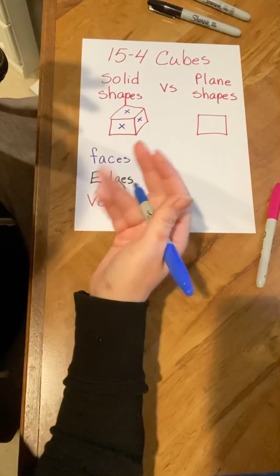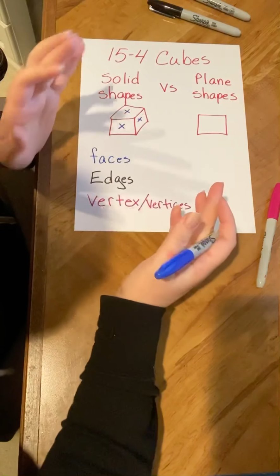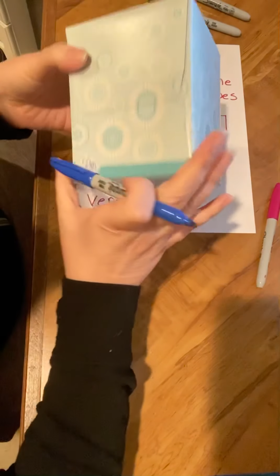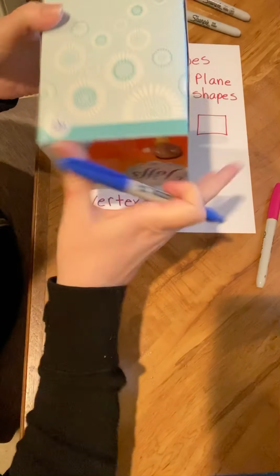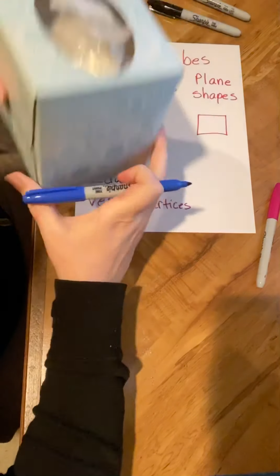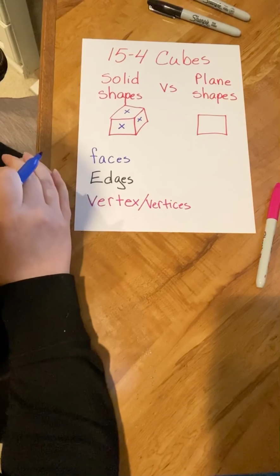But there are objects every day that you see that are cubes where you can see every side, like my tissue box. It's a cube and it has top, bottom, front, back, side, side. We'll look more at that later. So we have faces.